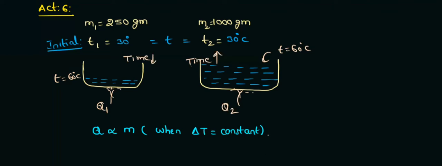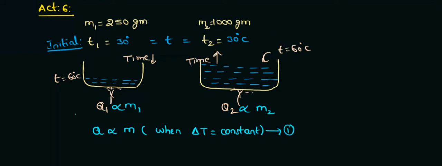That's why Q is directly proportional to mass. What is the meaning of that? Q1 is less, Q2 is more. Here M1 is less, that's why Q1 is less. M2 is more, so Q2 is more. From these two observations, we say Q is directly proportional to mass.